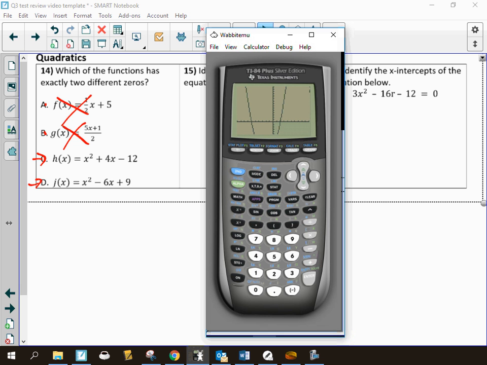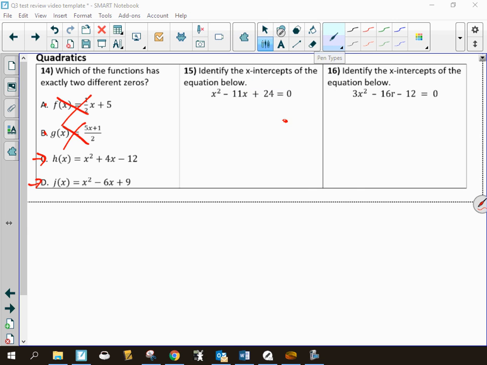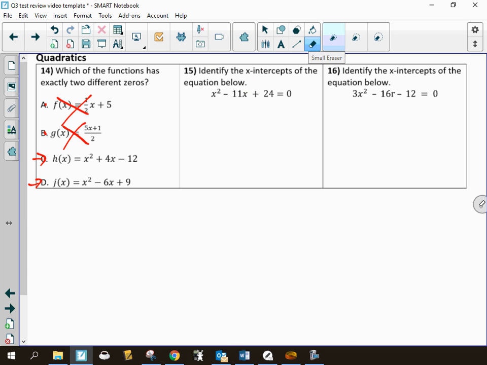So there are the graphs. There's the first one. That has two zeros. But here's the second one. If you look, you can see right here, it only has 1 zero. So the correct answer is D.